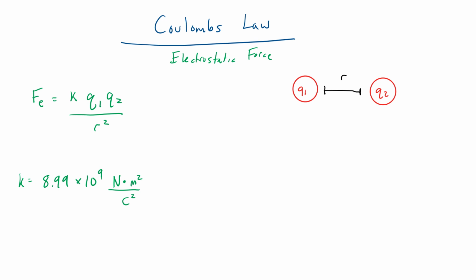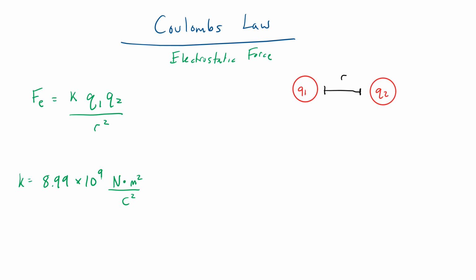And so what that inevitably does is that the meters squared in the constant will cancel the r squared on the bottom, and the coulombs squared will cancel with the charge times the charge on the top of our equation. And newtons is the only thing left over, which is great because we are measuring an electrostatic force.